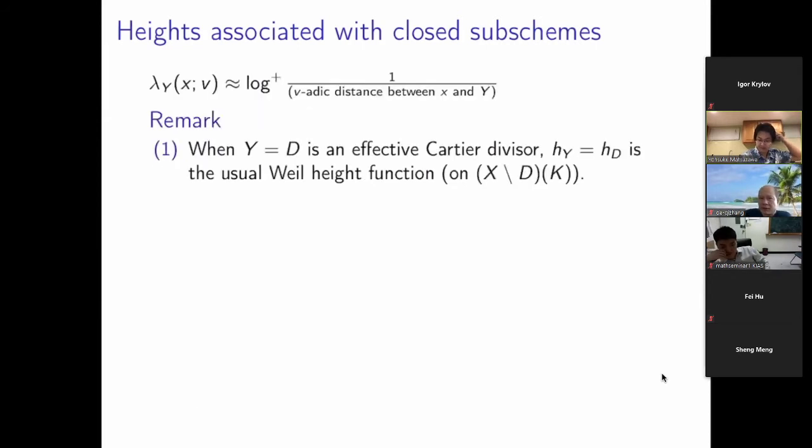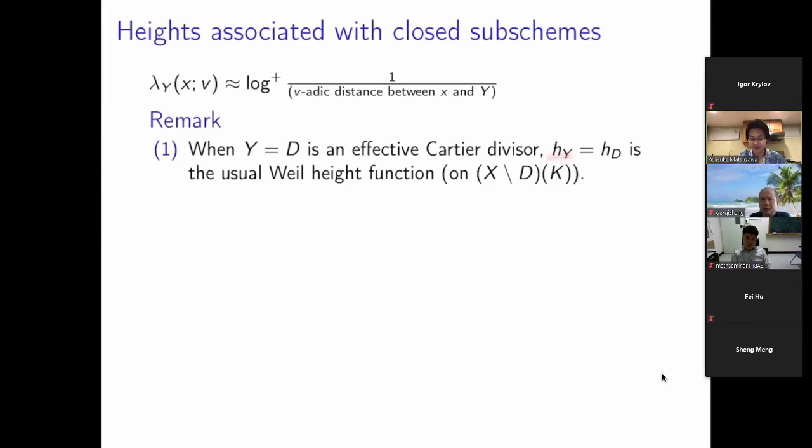So let me remark something. This is our definition. If Y is an effective Cartier divisor, then we know there is the so-called Weil height machine. So we have another definition, but it's actually the same definition.